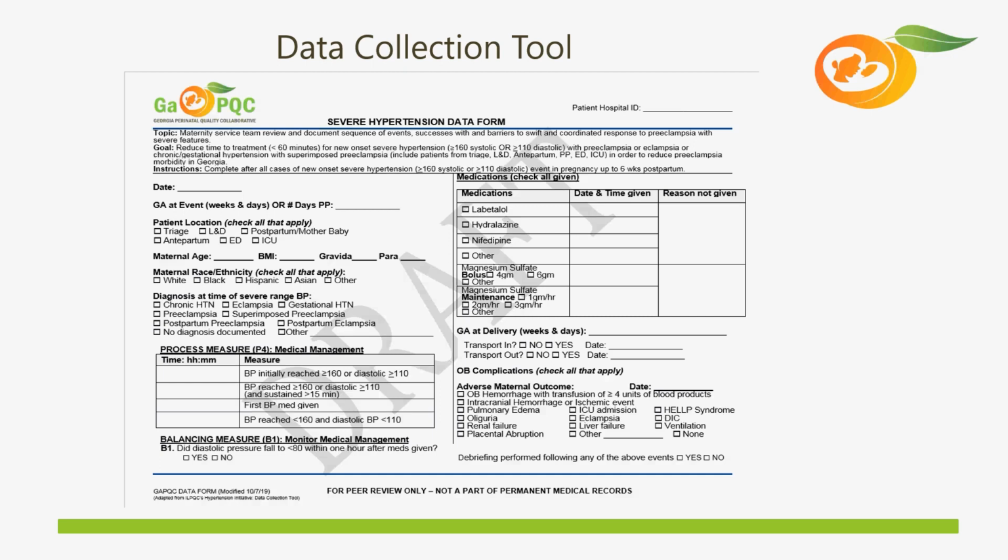With the help of some volunteers from this collaborative, this tool was modified for Georgia to provide a tool for hospitals to use to collect information for this very measure. This is something that is going to be available for you all to use if you so choose.